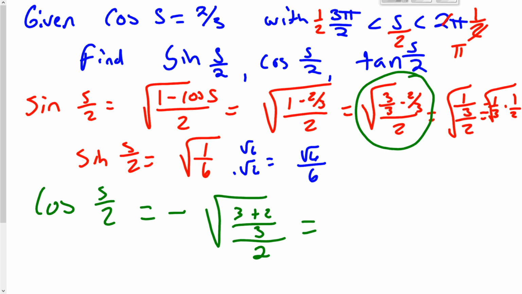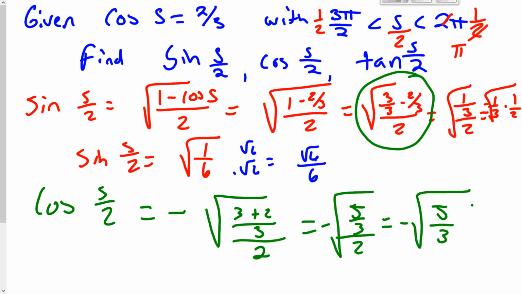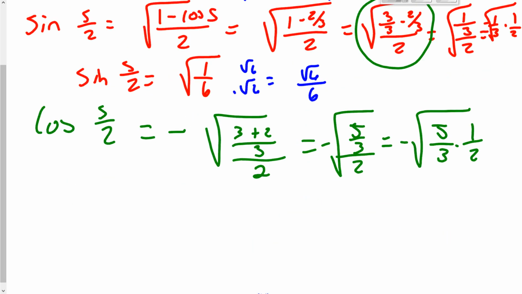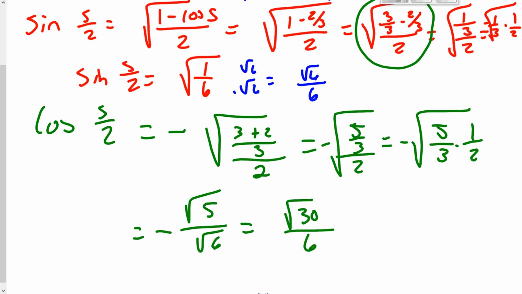And so that's going to be 5 over 3 over 2, which is times by 1/2. So again, we get 5/6 this time. It's going to be negative. And so we know that answer rationalized is root 30 over 6. Okay, and we know it's going to be negative because s over 2 is in the second quadrant.